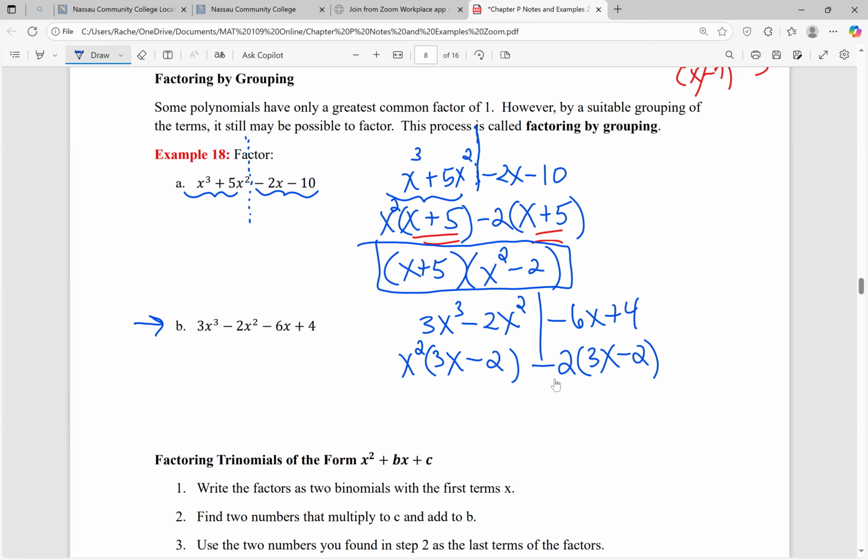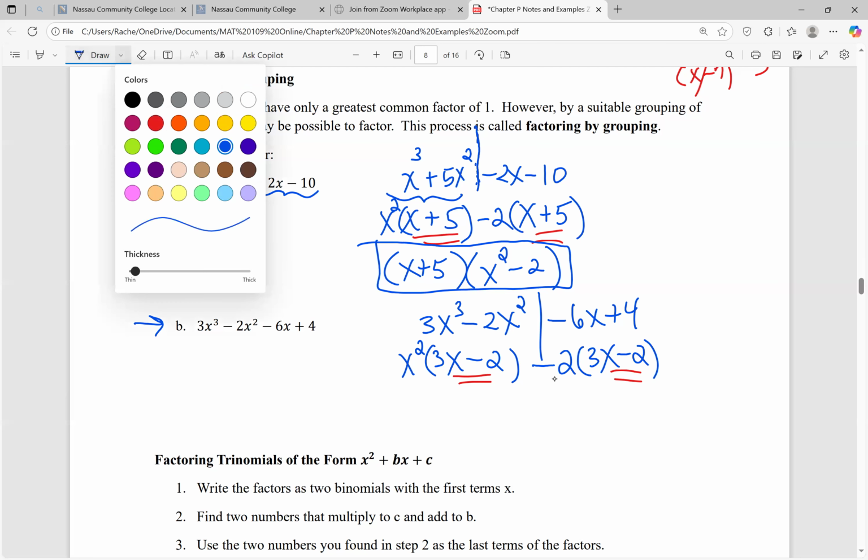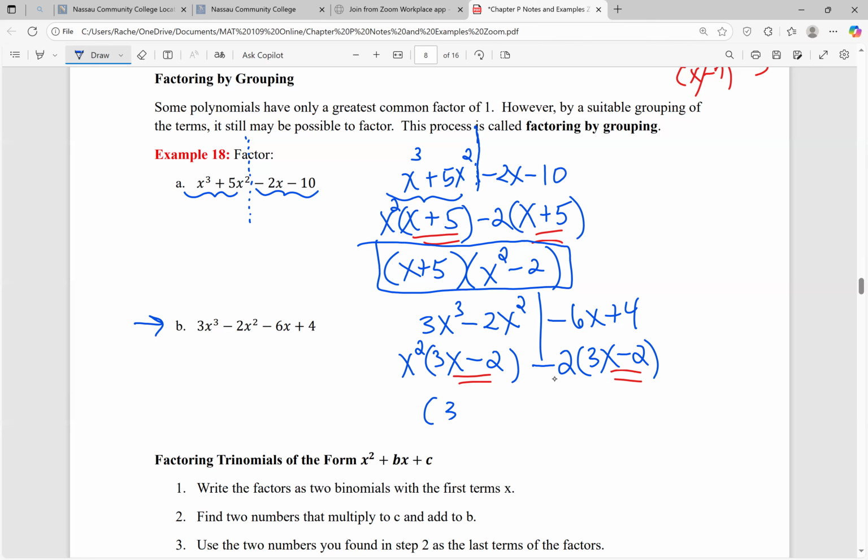And we can see that now I have a common factor. So both of these expressions have, or products have, a common factor of 3x minus 2. So let's factor out the 3x minus 2. And when I divide each expression by 3x minus 2, right? The 3x minus 2s are going to reduce to 1.